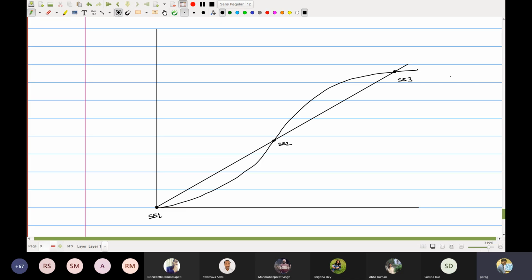If you are at steady state 2, they are not changing with time. If you are at steady state 3, they are not changing with time. That's not the problem. The problem is that even if you have a small change in these steady states, are you going to come back to the original steady state, which means that the steady state is stable, or are you going to move away from the steady state, which means that it is unstable?